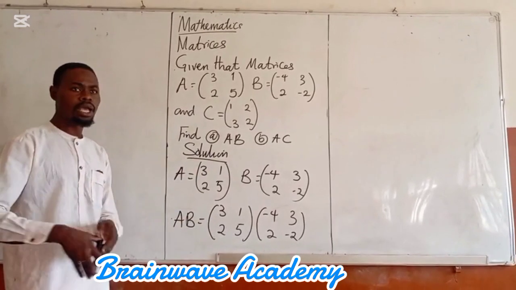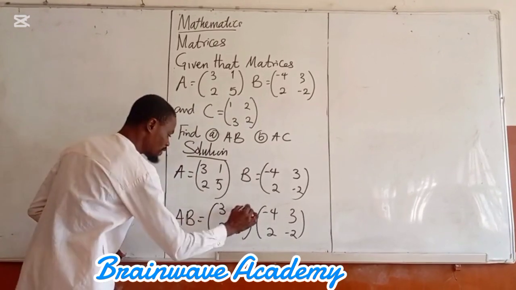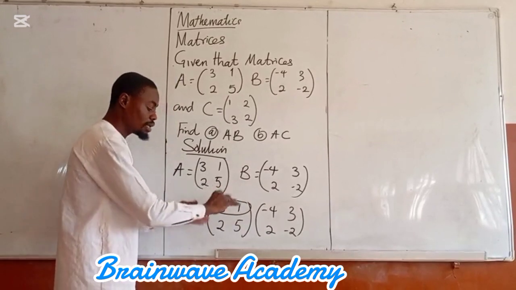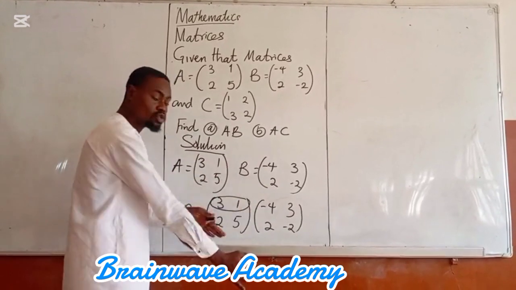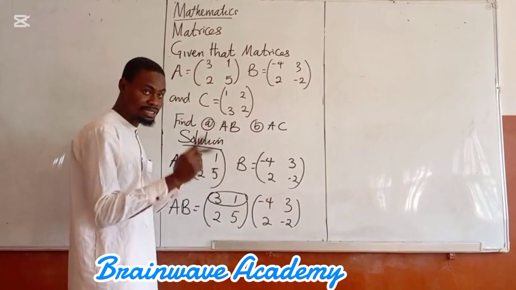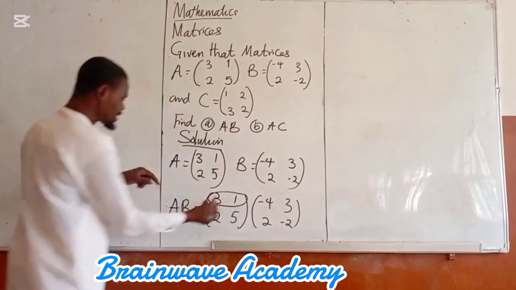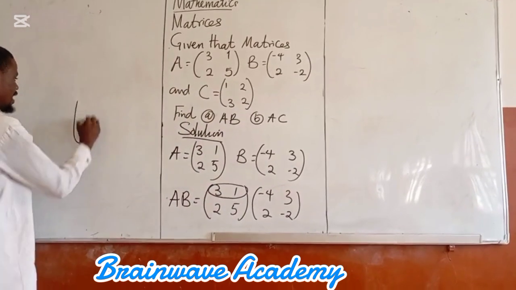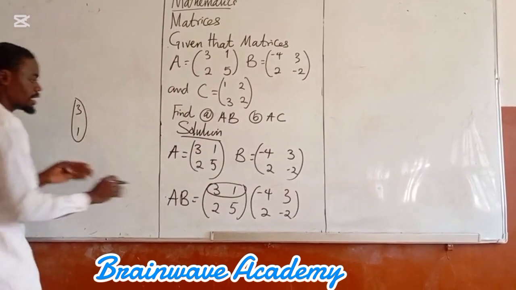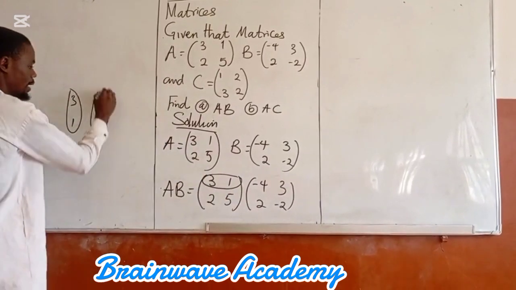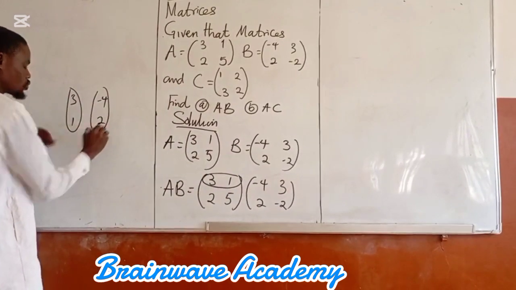If you want to multiply these matrices, you have to multiply the rows by columns. This is my first row, and I'm going to use it to multiply the first column and the second column. Take note of that. So I interchange it like this: I have 3 and 1, and the first column is -4 and 2.